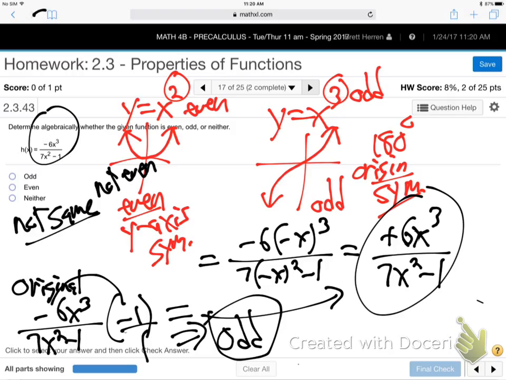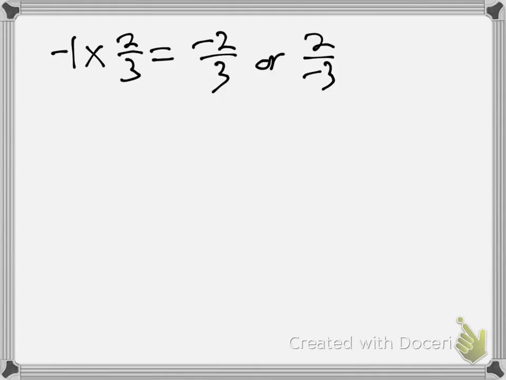I'm running out of room, so let me go to a fresh screen. If I take negative 1 times, I don't know what, 2/3 or whatever. What does that do? You could put the negative on the top only, or on the bottom only, or you could put the negative in the front.